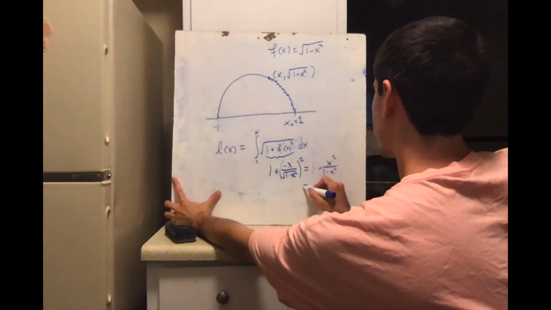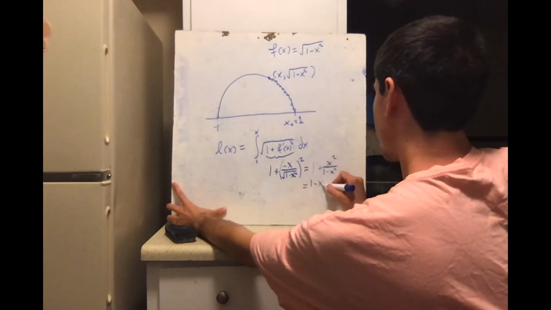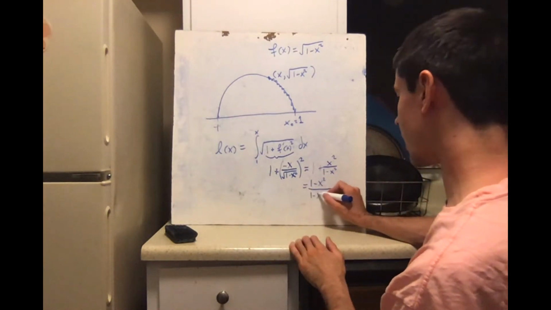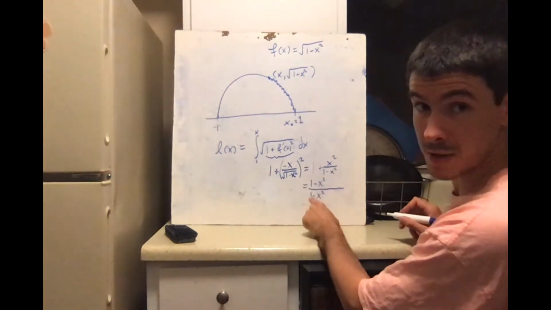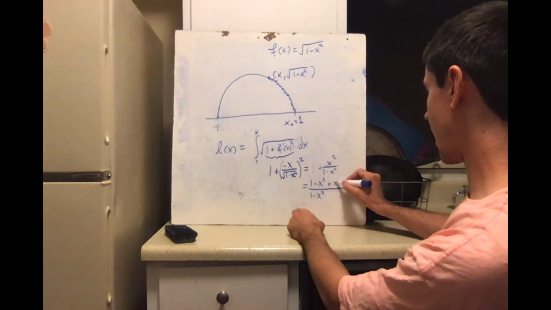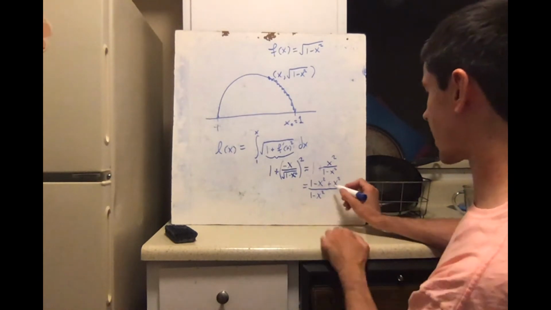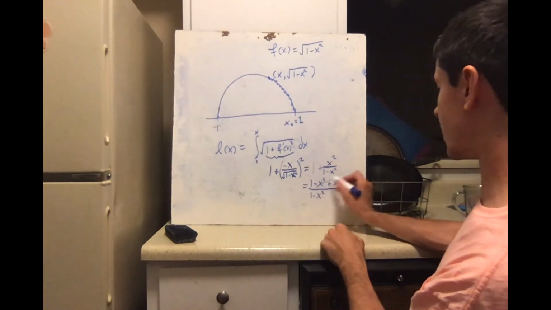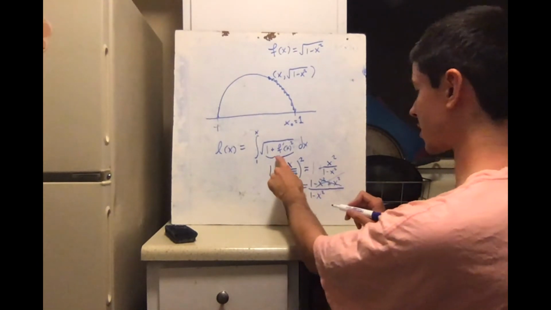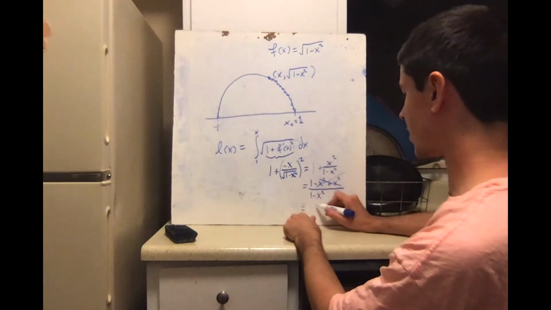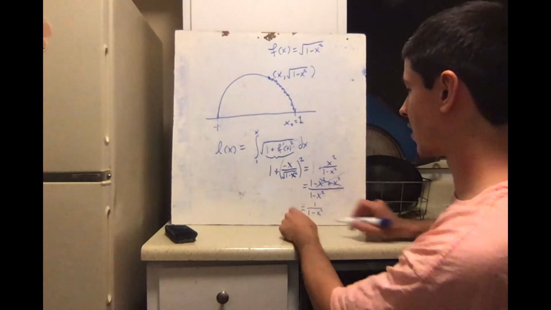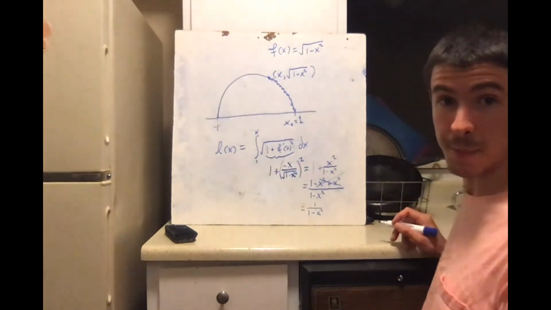So this equals turning 1 into 1 minus x squared over 1 minus x squared, right? So this is going to be 1 minus x squared plus x squared over 1 minus x squared. Of course, these two cancel. So this expression right here is just 1 over 1 minus x squared. And then, of course, that's underneath the square root bar right here.